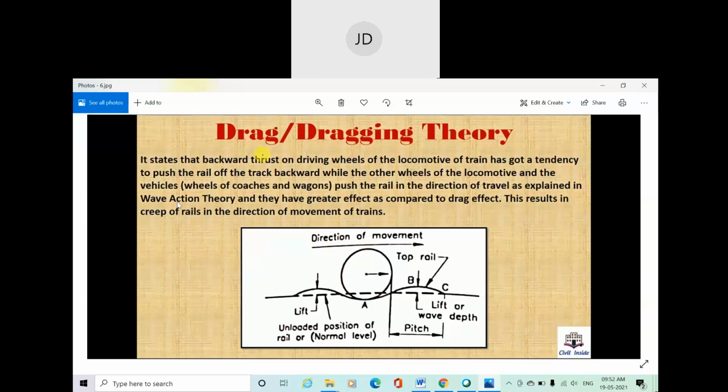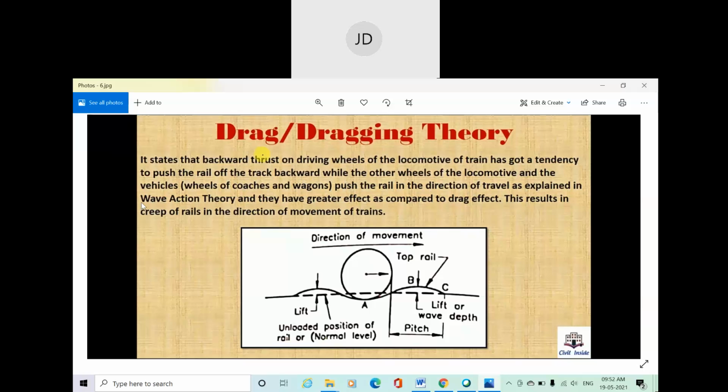As per the drag theory, the backward thrust on the driving wheels of the locomotive has a tendency to push the rail of the track backward, while the other wheels push the rail in the direction of travel, as explained in the wave theory. That means as per wave theory all wheels experience the wave action, but drag theory concentrates on the driving wheels only.